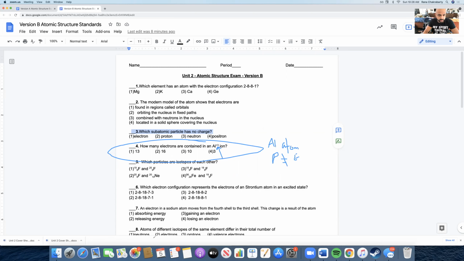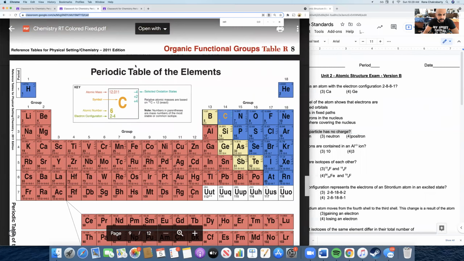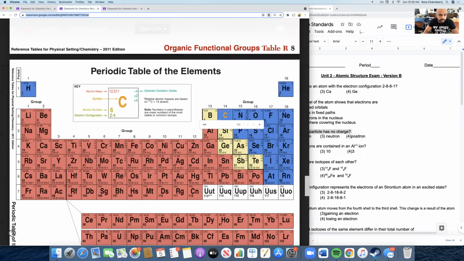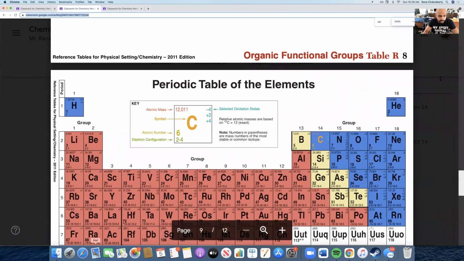So let's go to aluminum on the reference table and see how much it is as an atom first. Let's go to our reference table. Let's find aluminum. So you should be familiar with the location of these here. Aluminum is number 13. So as an atom, it's 13 protons and 13 electrons.